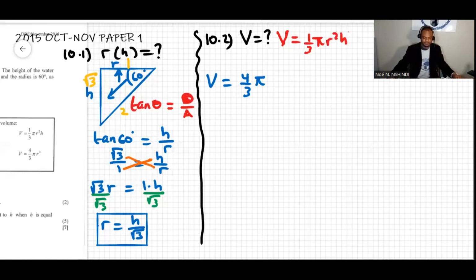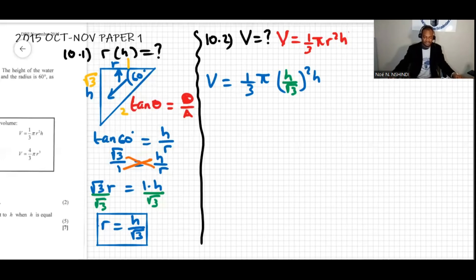So over here it must be then 1/3 pi r squared h. I substitute the value of r, because we found r over here, h over square root of 3.